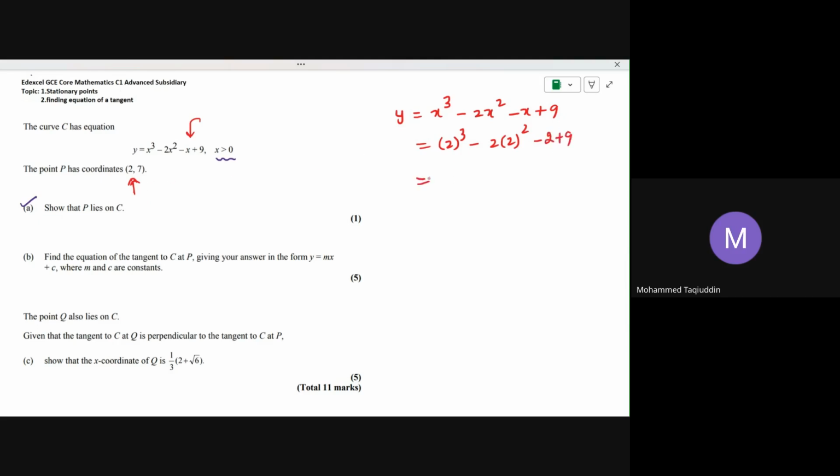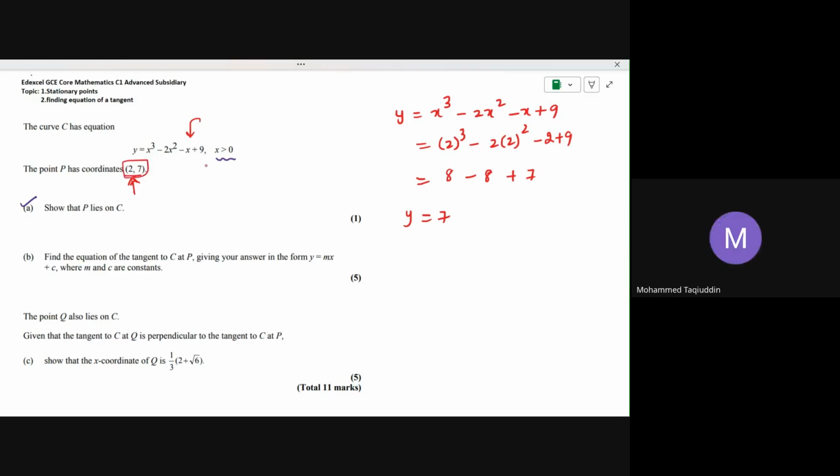If I don't get 7, it means it's not lying on it. 8 minus 8 minus 2 plus 9 gives 7, isn't it? So if you substitute x as 2 in this equation, I'm getting y as 7. So it means (2, 7) lies on this curve.